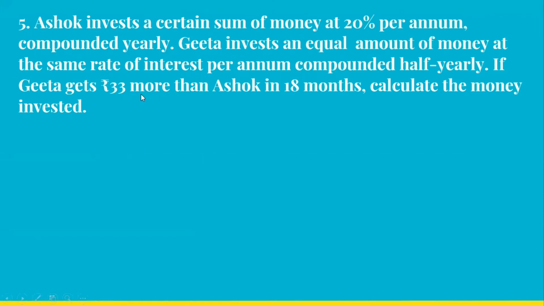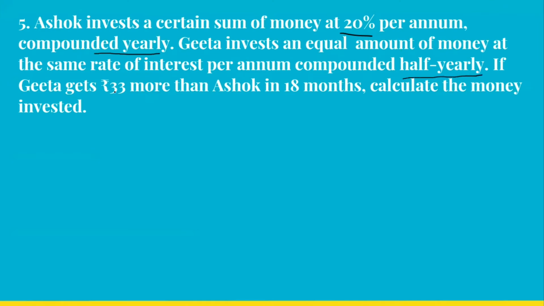right? So let us directly put it into the formula. So we have here, note down the things. Your rate of interest is 20% per annum for both of them. Okay. Ashok is investing the money at 20% compounded yearly, and Geeta is investing the amount of money at the same rate of interest compounded half yearly. So this is very important.